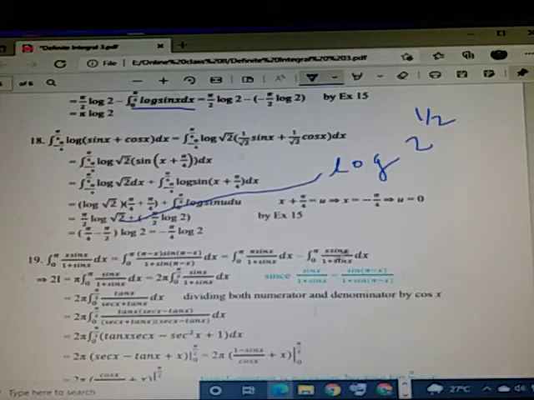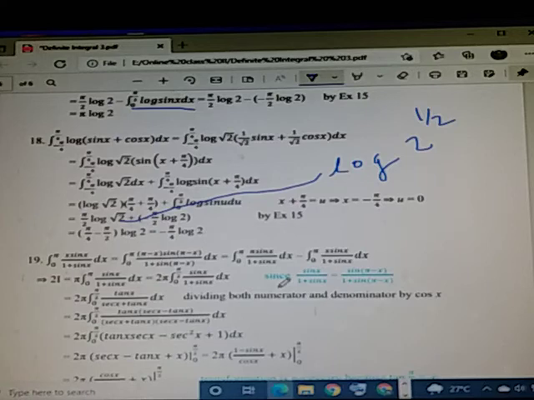So you take this I to the left, you are having twice I is equal to integration of this, sin x by 1 plus sin x. This again we are applying property 4, no, it is applying property 5.